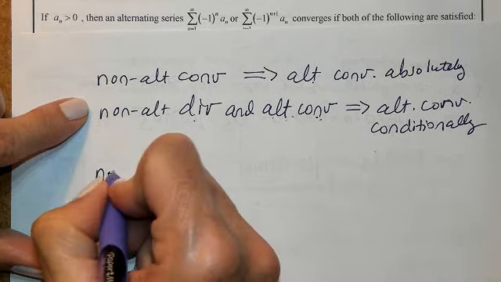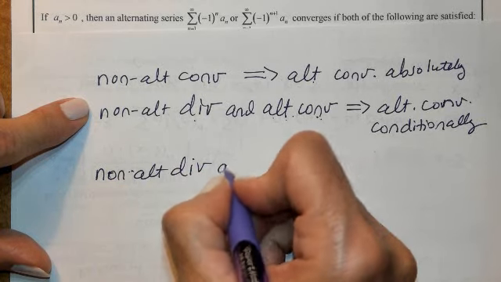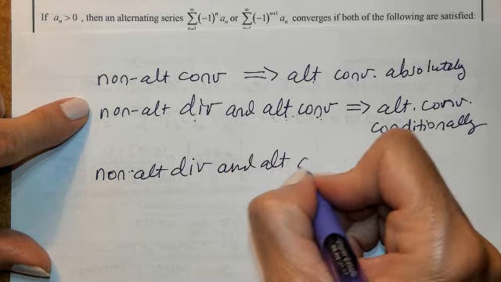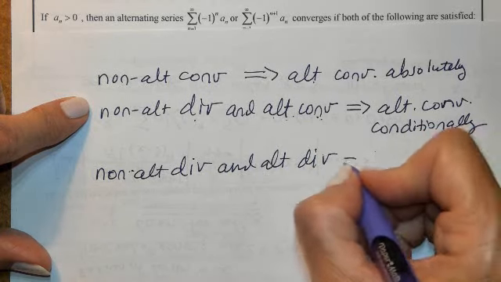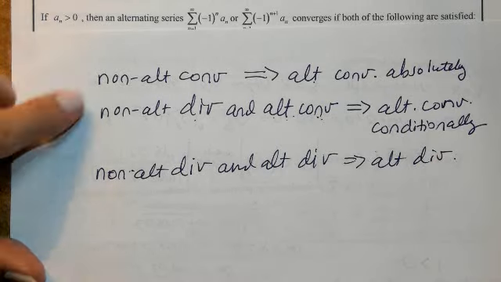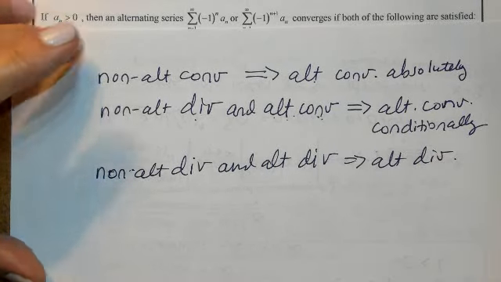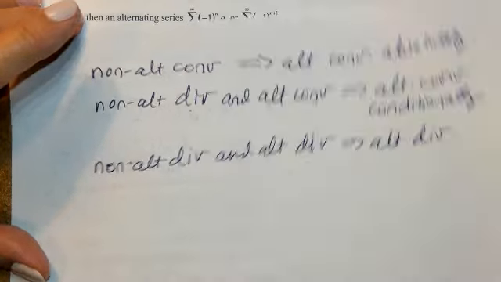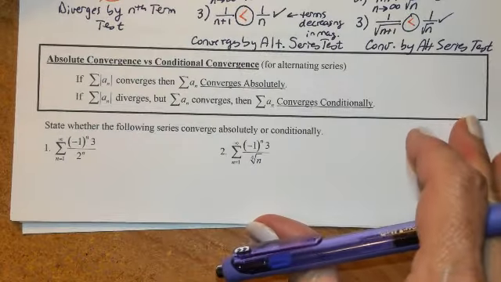Because if the non-alternating diverges, then the alternating might diverge as well. And if that's the case, then the alternating just diverges. It doesn't converge at all, right? If it diverges, it diverges. So that's the difference between converging conditionally and absolutely.